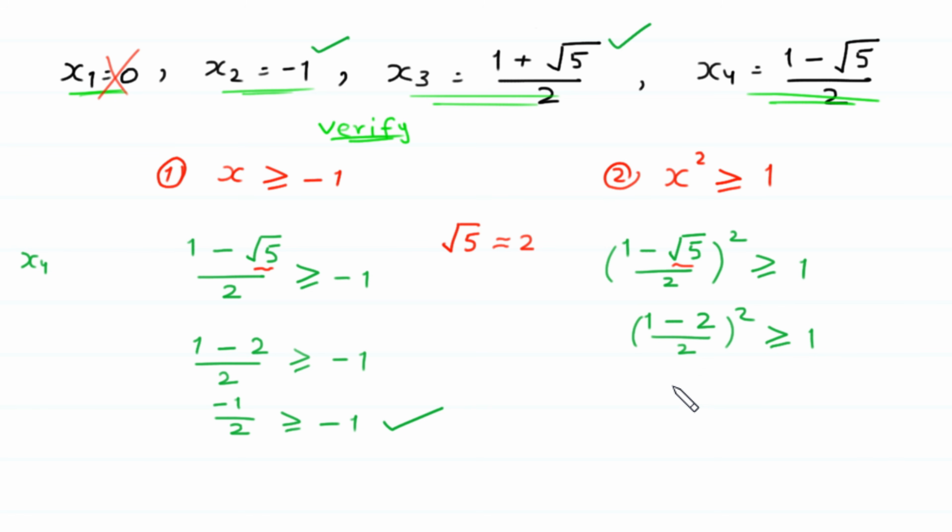Now 1 minus 2 is negative 1, over 2, whole squared, is greater than or equal to 1. And negative 1 over 2, whole squared, is 1 over 4, is greater than or equal to 1. And 1 over 4 is not greater than 1. So this condition is false. And because one of the two conditions is false, we reject this solution. This is not a solution. So finally we get two valid solutions: x is equal to negative 1 and x is equal to (1 plus square root of 5) over 2.